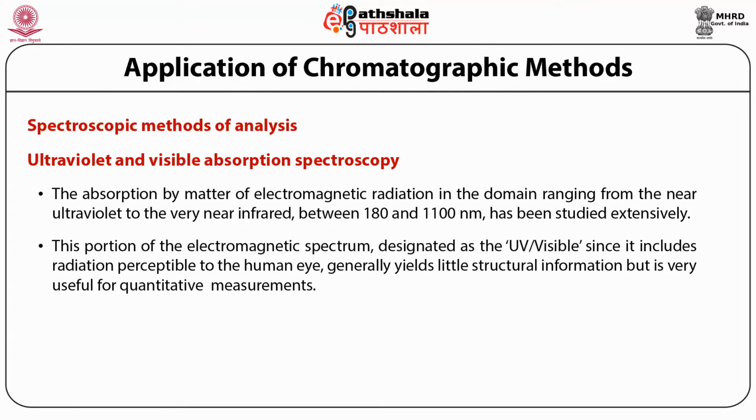This portion of the electromagnetic spectrum is designated as the UV visible, since it includes radiation perceptible to the human eye. It generally yields little structural information but is very useful for quantitative measurement.